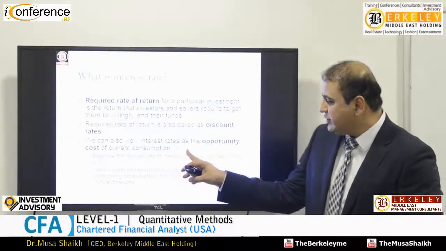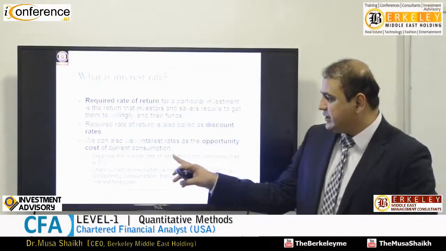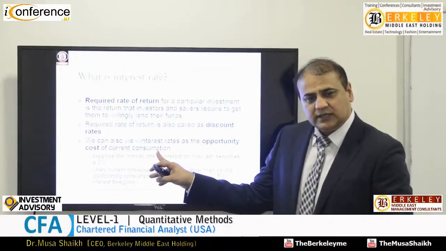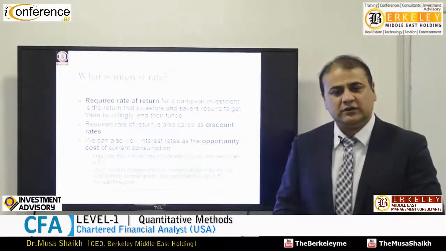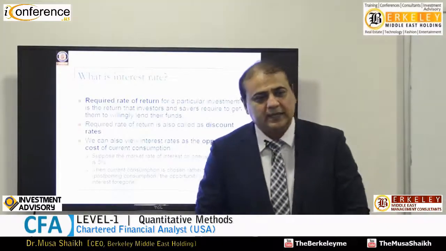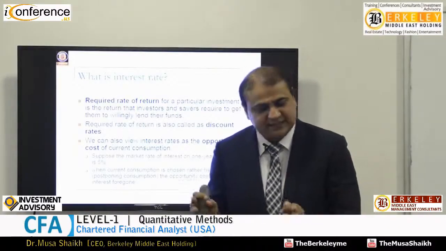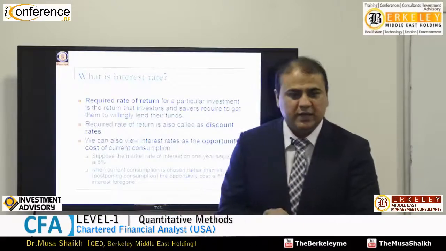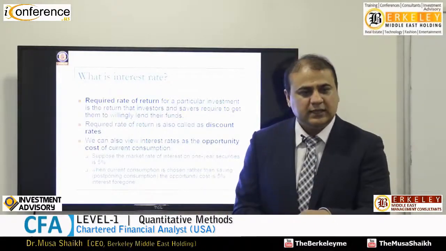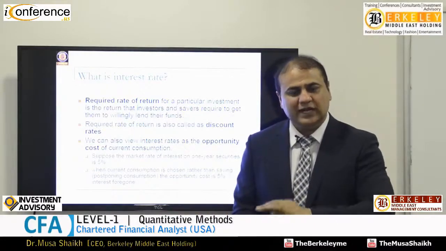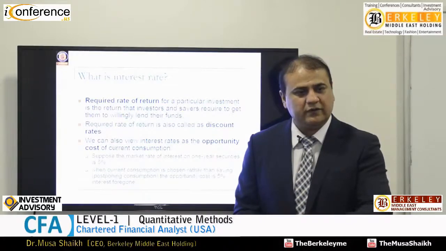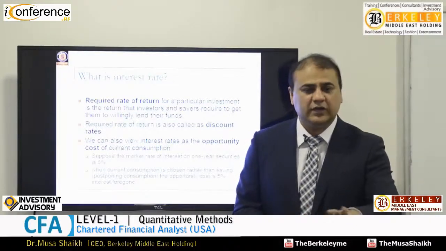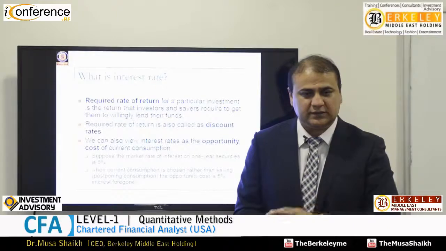We can also view interest rate as the opportunity cost of current consumption. This is opportunity cost, which we study in economics. That is the cost of the next best alternative. Means if you have a land, you will make a school, you will get 5% operating profit. If you make a hospital, for example, you will get 7%.